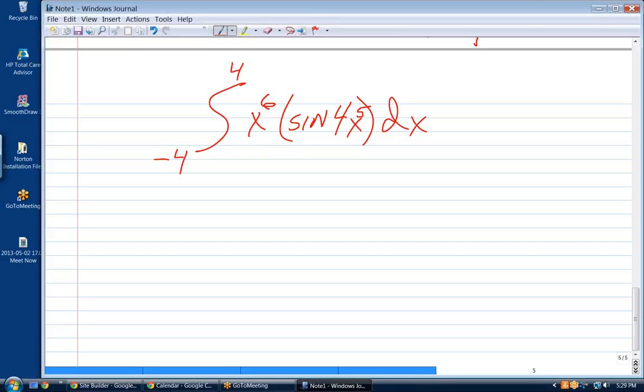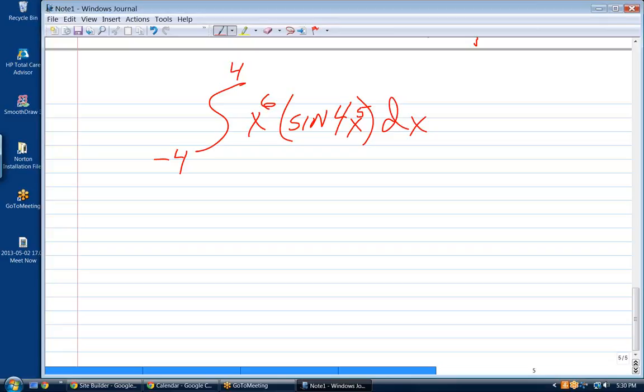Okay, if we try to determine whether this is odd or even, well, the product, x to the 6th is even, obviously, and the sine function is odd, although I don't know that sine of x to the 5th is necessarily odd.